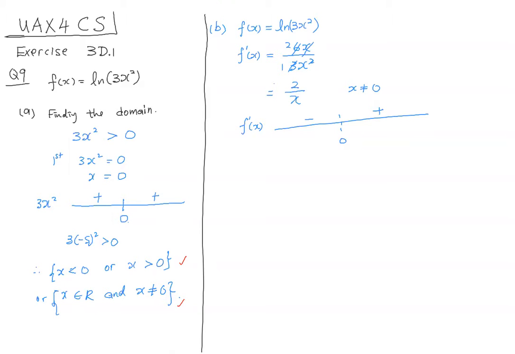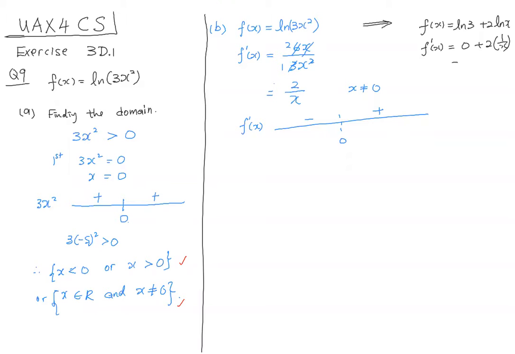If I don't want, I can also do it this way. f(x) is ln 3 plus 2 ln x. I can break it. So f prime x, ln 3 is a constant, I get 0 plus 2 times 1 over x.